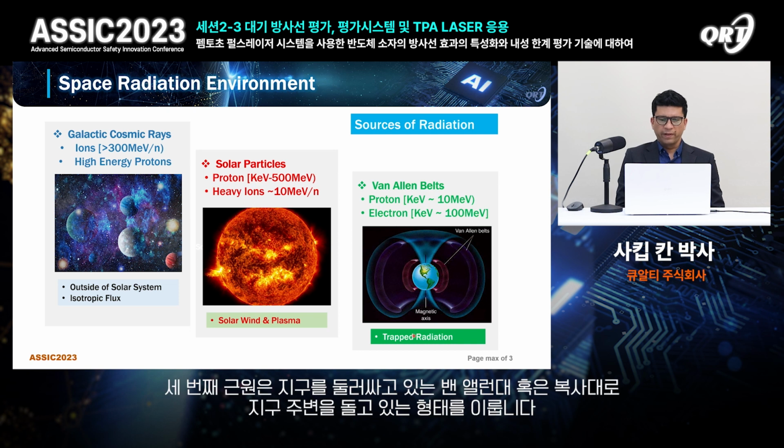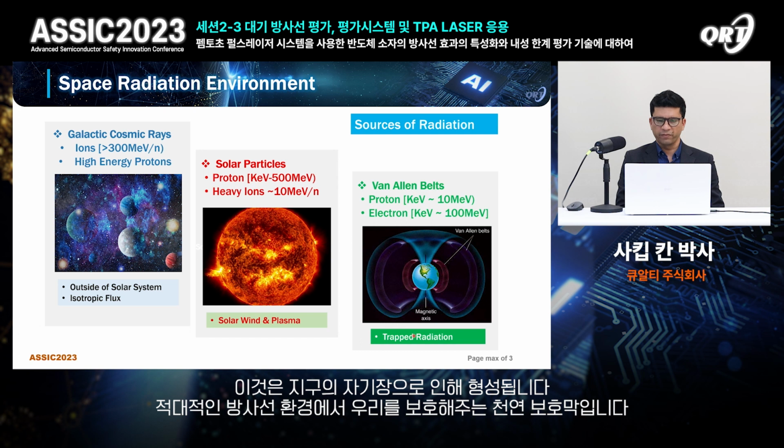The third source is the Van Allen belt, the radiation belt which surrounds our earth. They form a donut shape around our earth. They are formed due to the magnetic field of our earth. They provide natural protection to us from this hostile radiation environment.